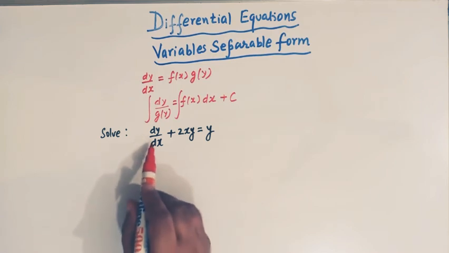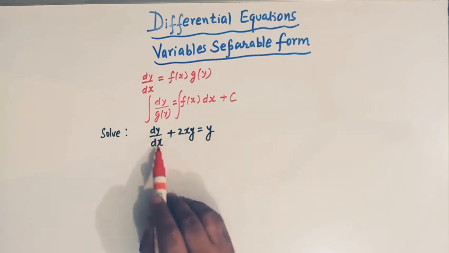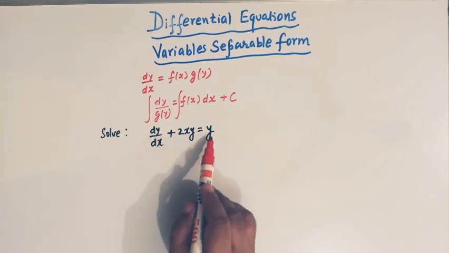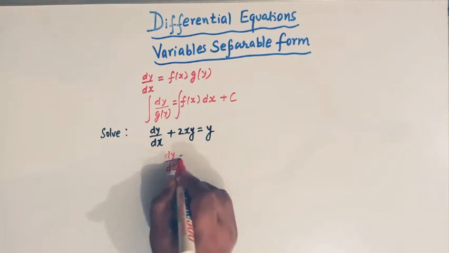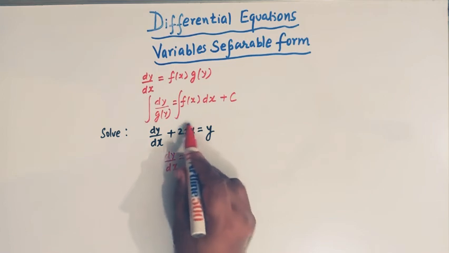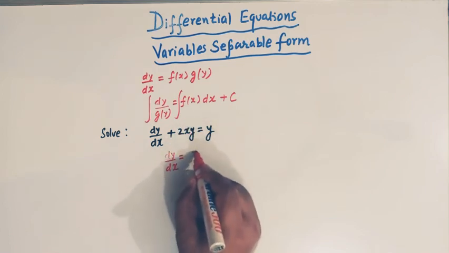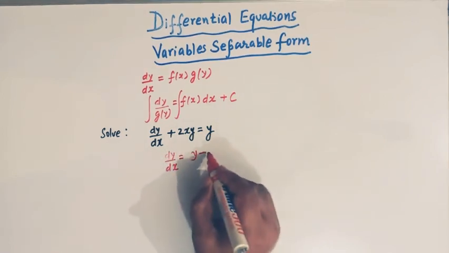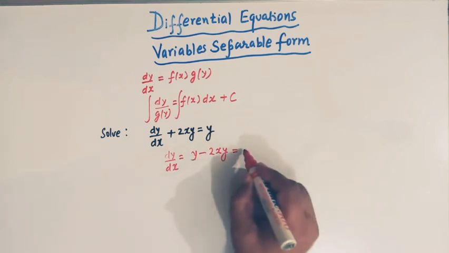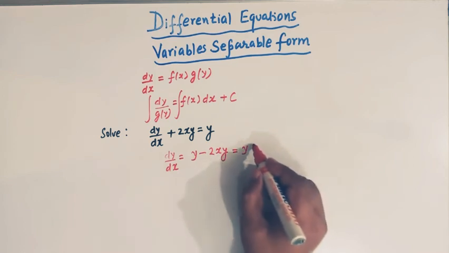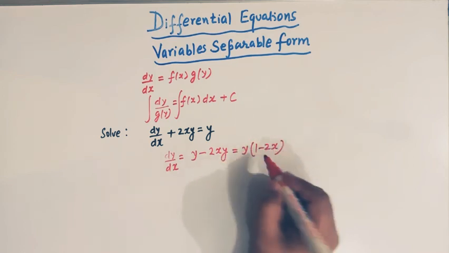Now let us take this problem. Here we have dy over dx plus 2xy is equal to y. Now viewers, this can be written as dy over dx, taking this 2xy to the right hand side, we have y minus 2xy, and now taking y as common, we have 1 minus 2x.